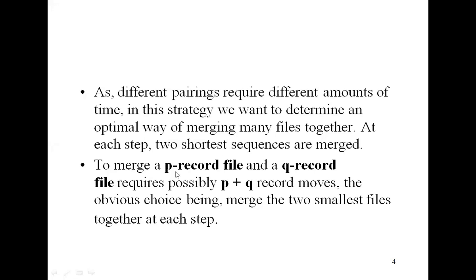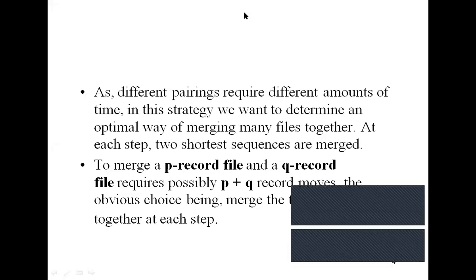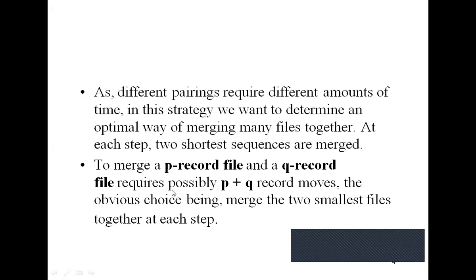So to merge a P record file and a Q record file, there are two files and we want to merge them. Merging these two files requires possibly P plus Q record moves.